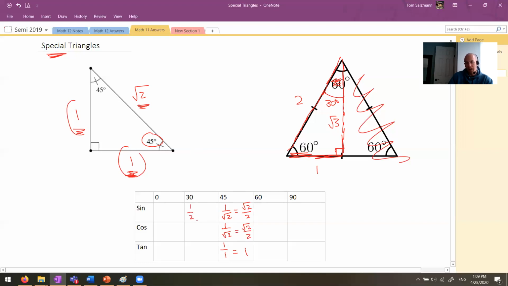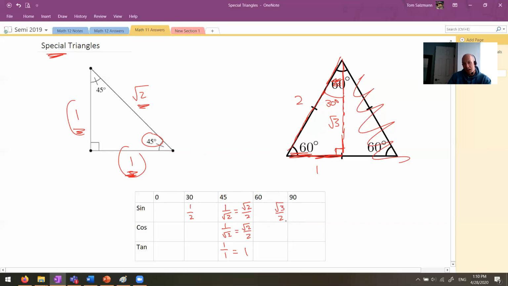And for a 60-degree angle, looking from the point of view of 60, then √3 is the opposite side to 60, and the hypotenuse is still 2. So I'm going to write this as √3/2.